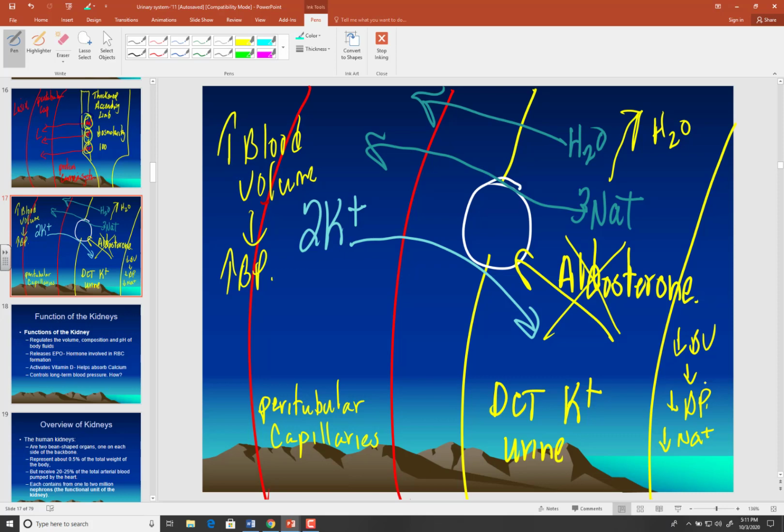Now, the only way to get potassium out of the blood is to pump it out, and you pump it out with the sodium-potassium pump, and aldosterone stimulates that. So without aldosterone, as is seen in people with Addison's disease, the blood levels of potassium go up because the potassium is not getting pumped into the urine.